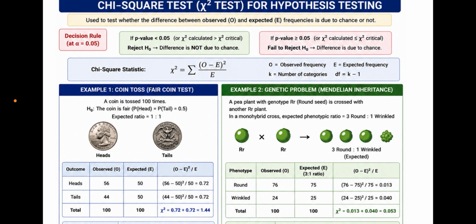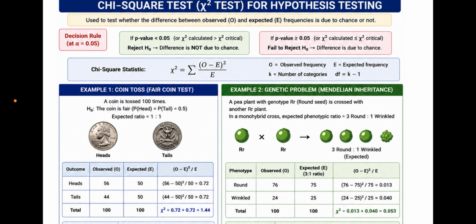When we calculate the chi-square value for such data, suppose the value is less than 0.05, say 0.02. That means the difference of 75 versus 76 coming by chance is just 2% or 3%.